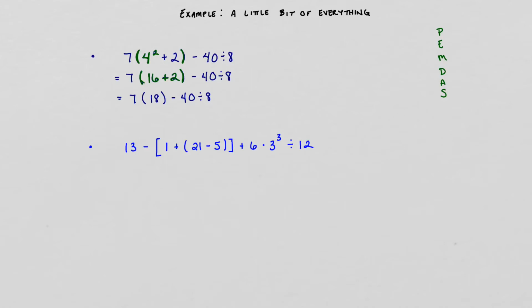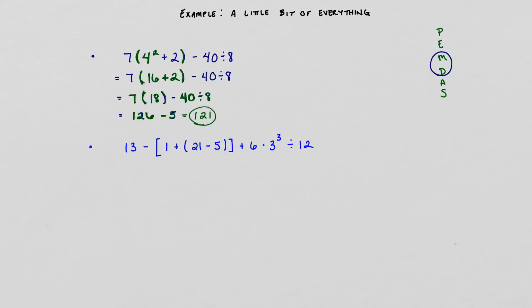Next, remember that multiplication and division can be grouped together, so I'm going to simultaneously look at 7 times 18 and 40 divided by 8. 7 times 18 is going to give us 126, and 40 divided by 8 will give us 5. The only thing left for us to do is a subtraction, and this will give us 121.